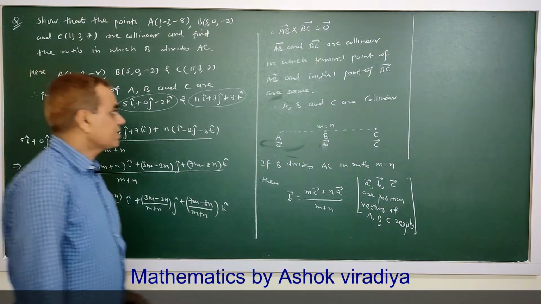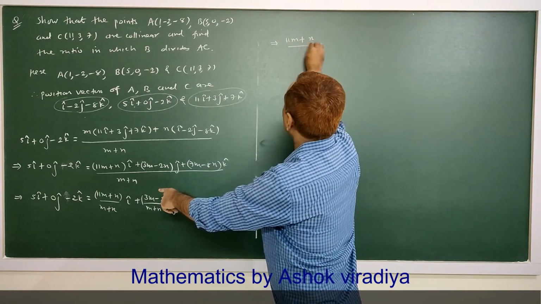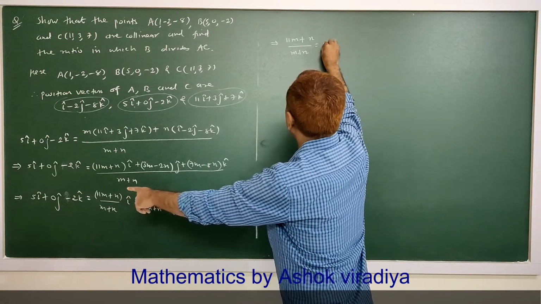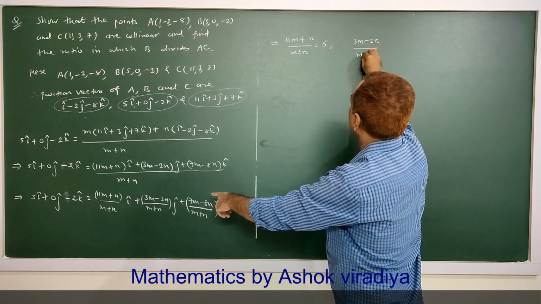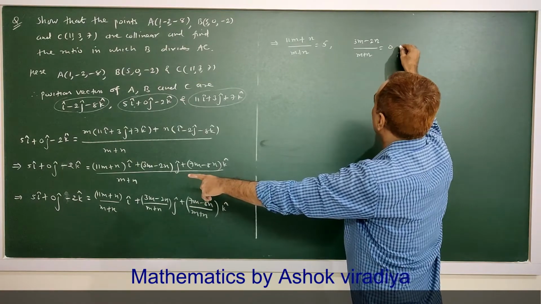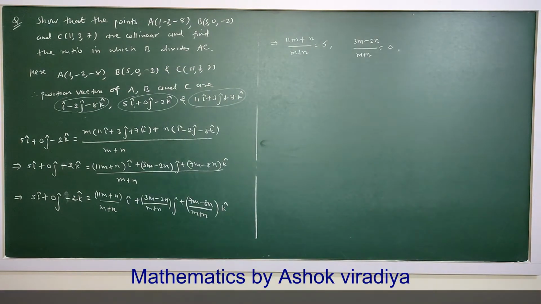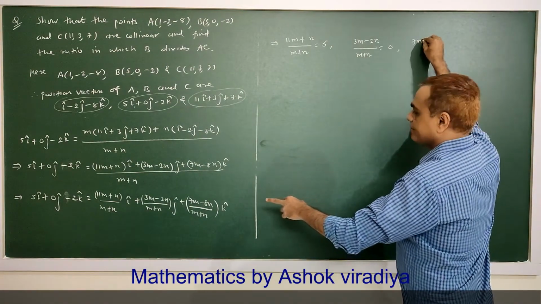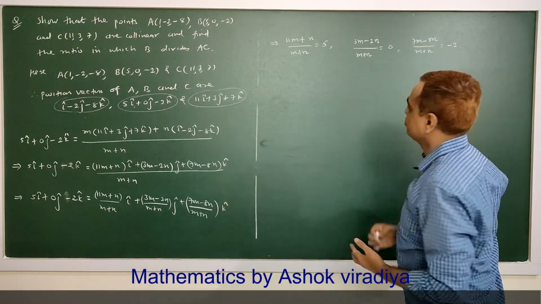Now comparing on both sides, (11m plus n) upon (m plus n) is 5, (3m minus 2n) upon (m plus n) is 0, and (7m minus 8n) upon (m plus n) is equal to minus 2.